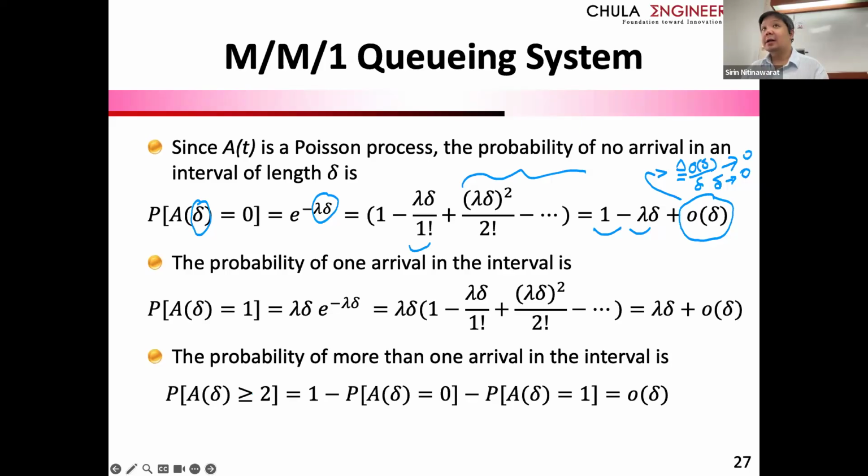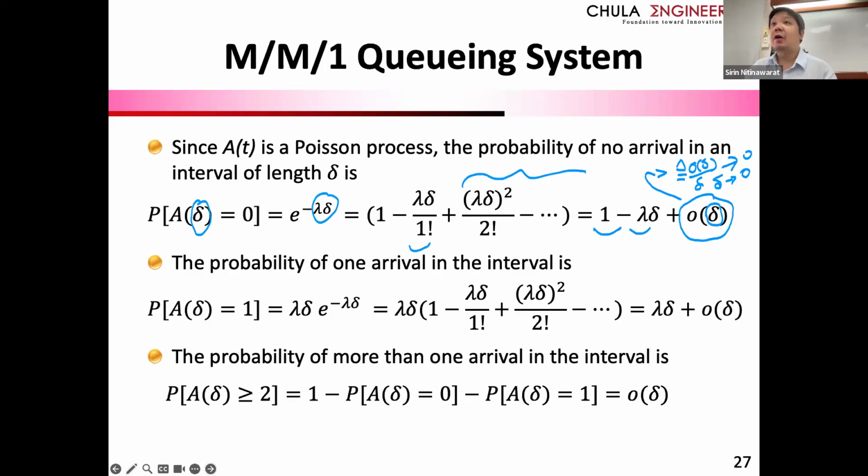One is a constant, of course, and the other one is linear in delta. In the definition, anything that you divide by the argument, in this case delta, and that still goes to zero when delta goes to zero is defined as little o of delta.